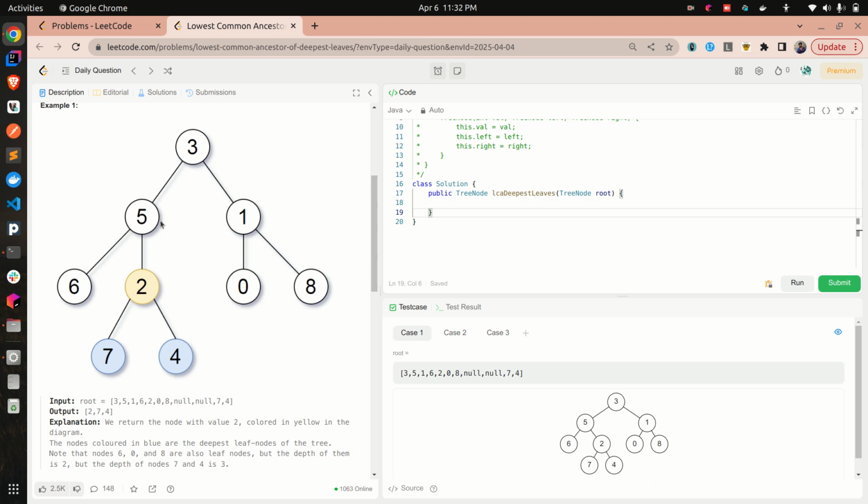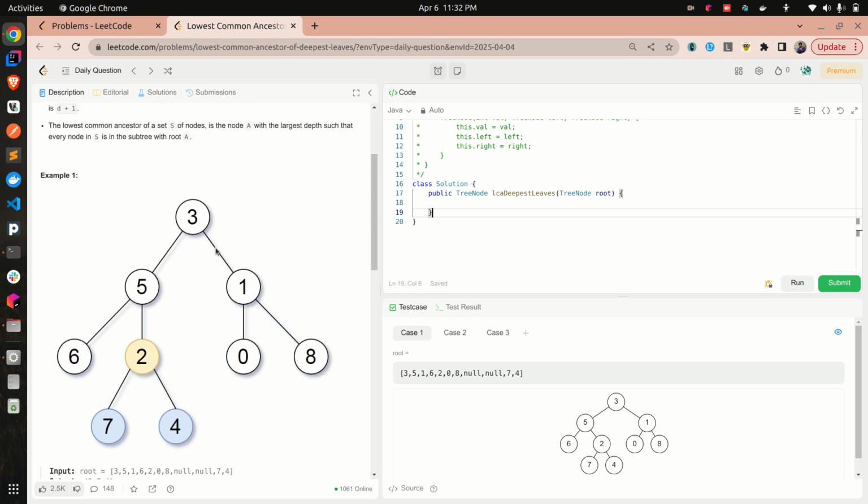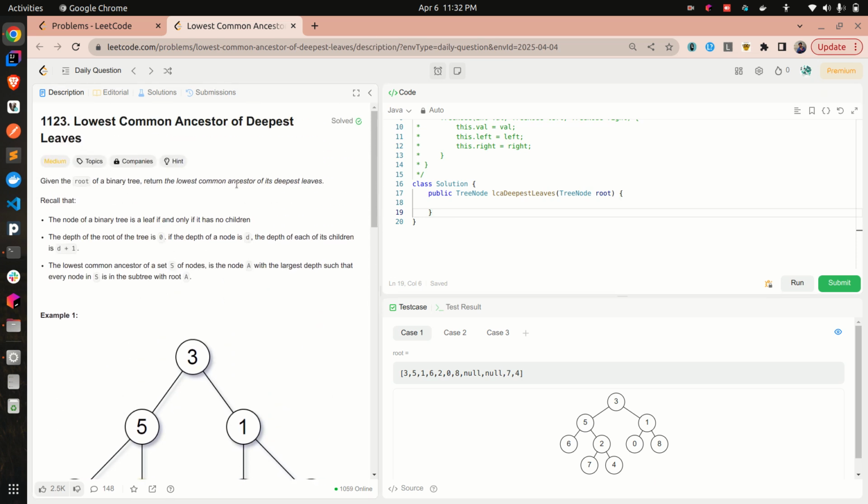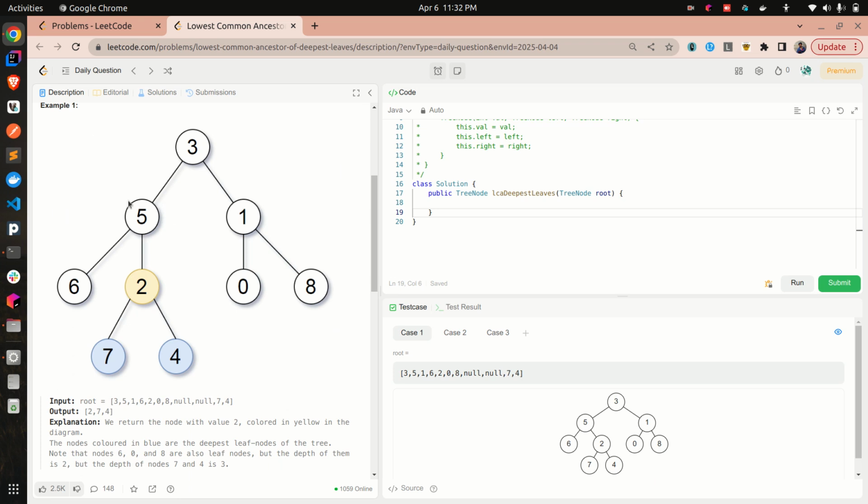But my question is to identify the lowest common ancestor for the deepest leaves. Since the left subtree has the leaves which are deeper, the ancestor coming from the left subtree would be the answer for my solution.